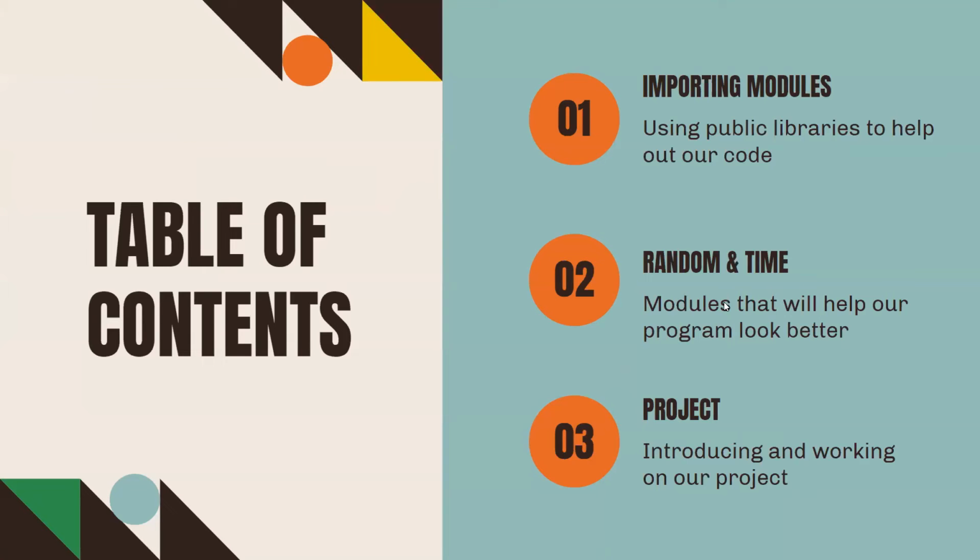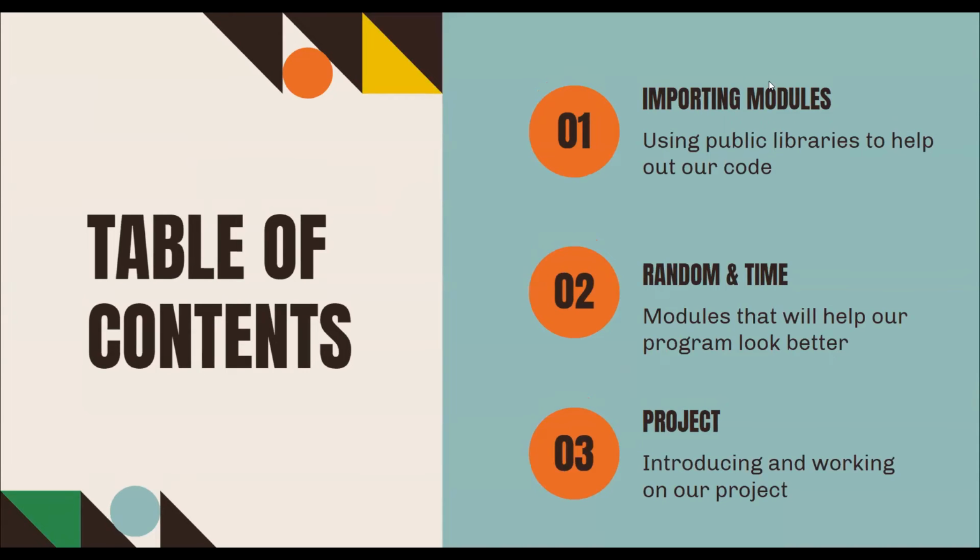First, we're going to do a quick lesson on importing modules, so taking code from other people and inserting it into ours. Then we're going to move on to the 2 modules here, random and time, specific ones that will help improve our program and make it look better. And then finally, we'll be introducing the project and we'll be spending some time in class to work on it.